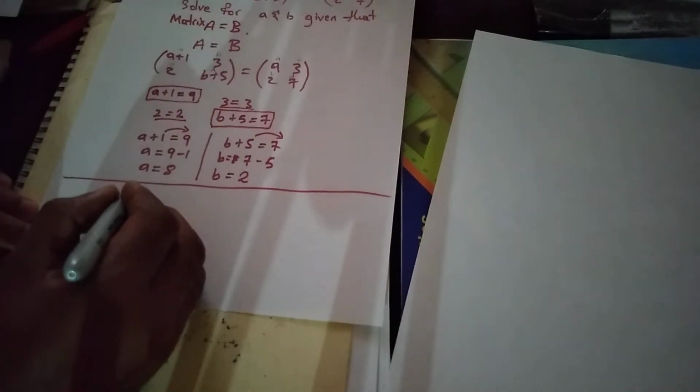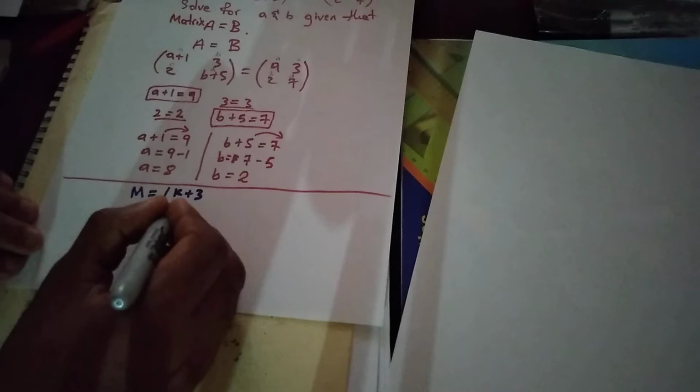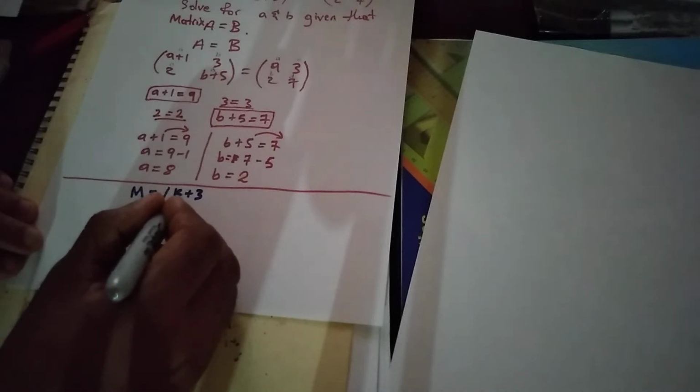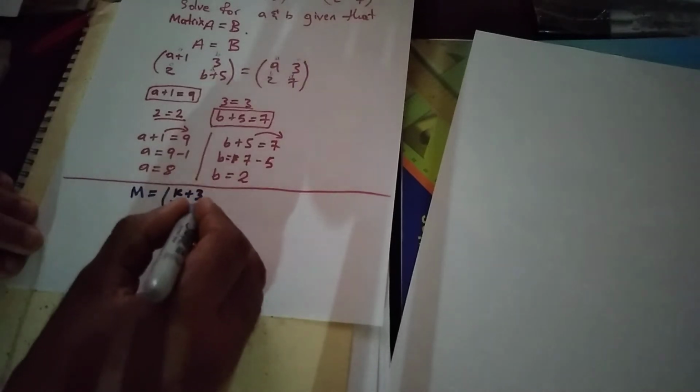Let's say we had a matrix M. M is equal to, let's say, K plus 3 and, something easy to recognize, T minus 4.